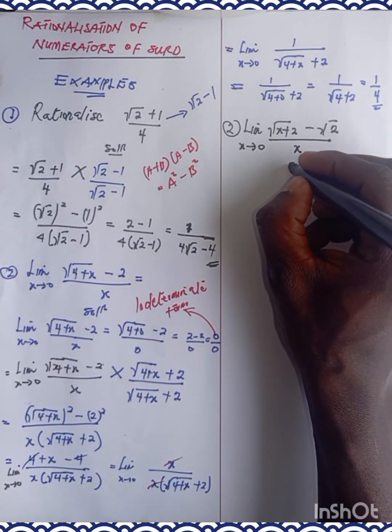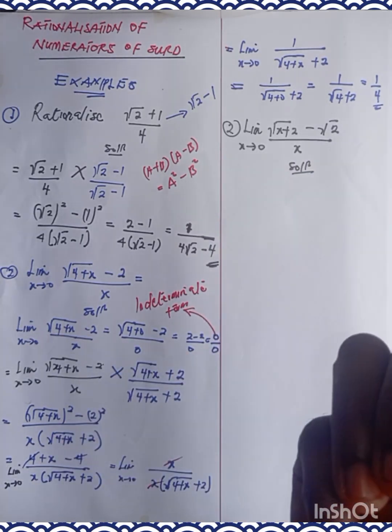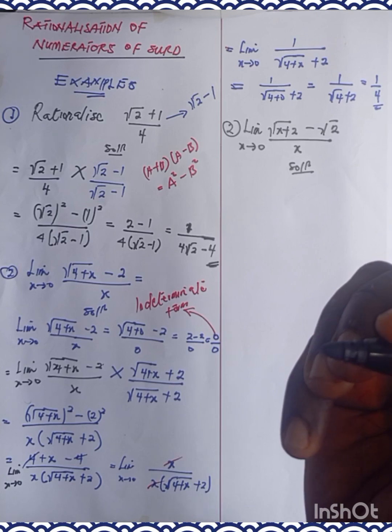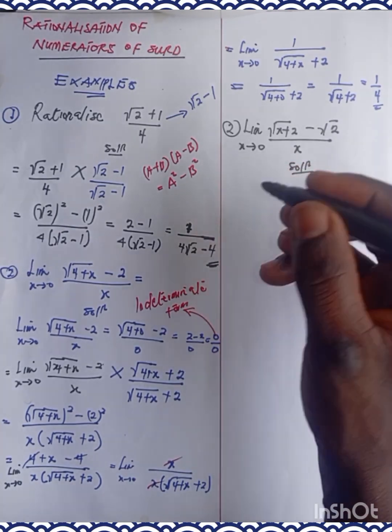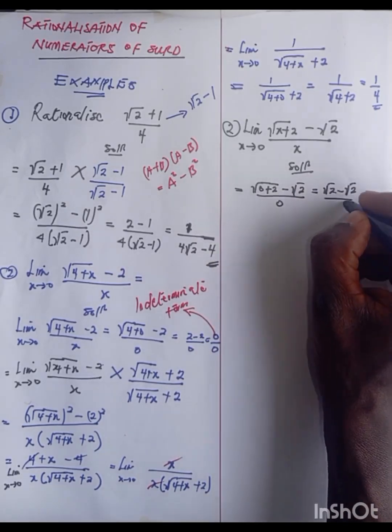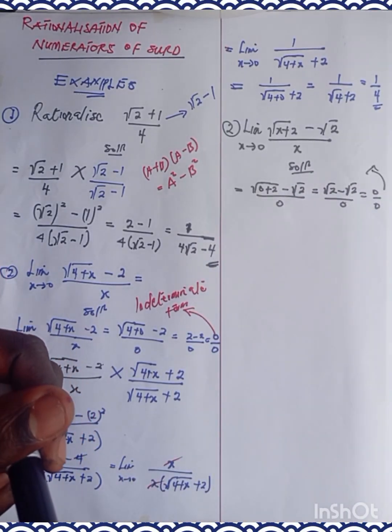So let's try. It means that we are going to apply the same concept. We first have to substitute the value x is approaching into the function to see what we are getting. This is what we don't want to achieve.